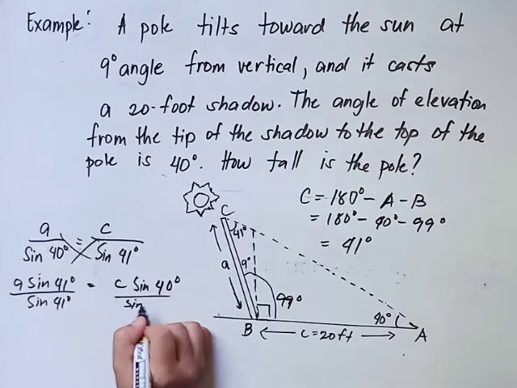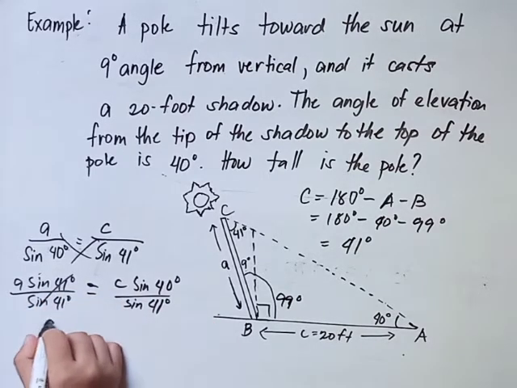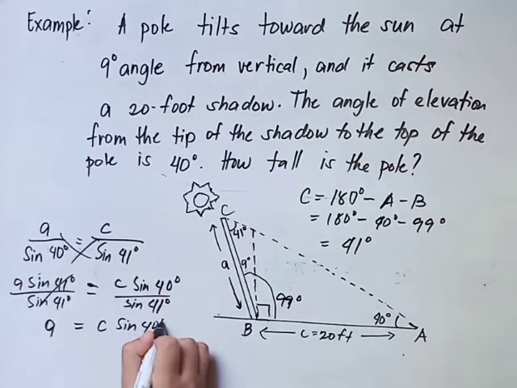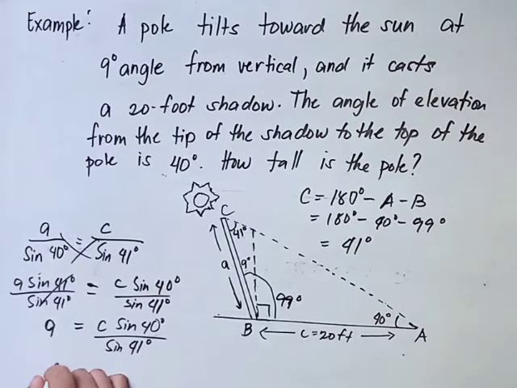Since we are looking for A, we will divide both sides by sine 41 degrees. So A is equal to C sine 40 degrees over sine 41 degrees.